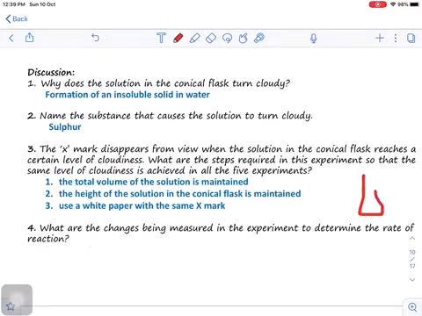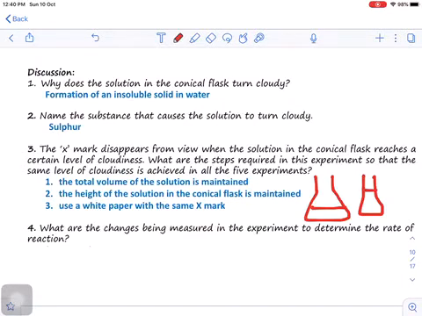Larutan tu akan jadi lebih tinggi berbanding kalau kita guna lebih besar. So, ini akan mempengaruhi penglihatan kita terhadap X mark. Okay, that's why the total volume of solution is also maintained. Kita tak nak nanti banyak, air jadi tinggi. Kalau dia sikit, rendah. Nanti bila rendah, X mark tu lagi lambat hilang.